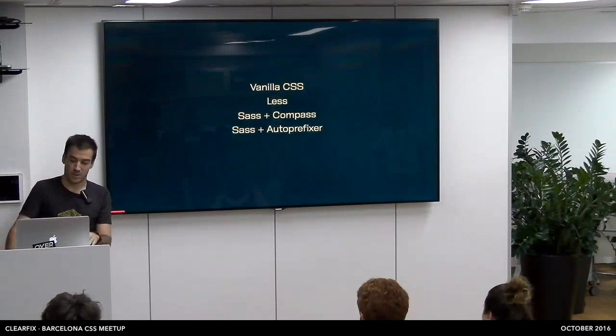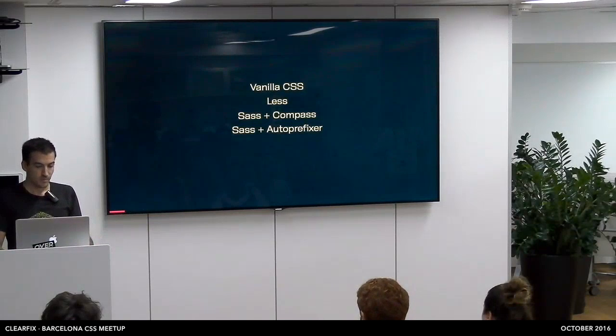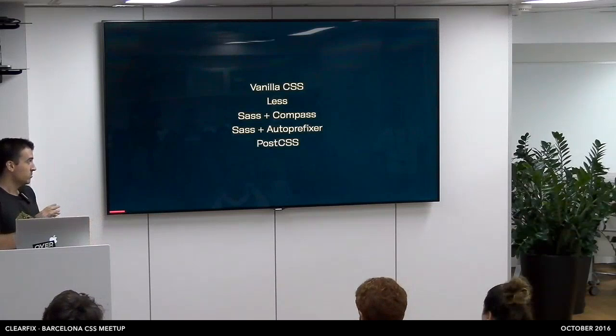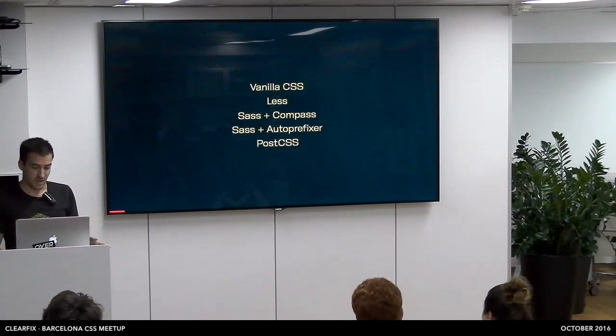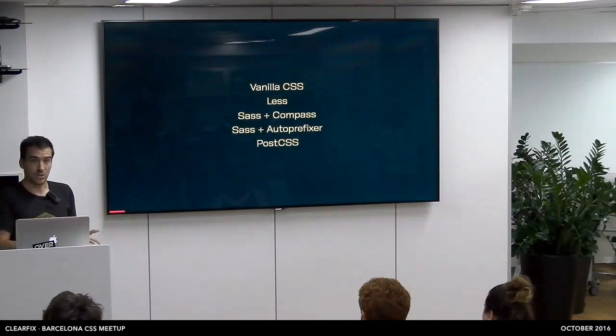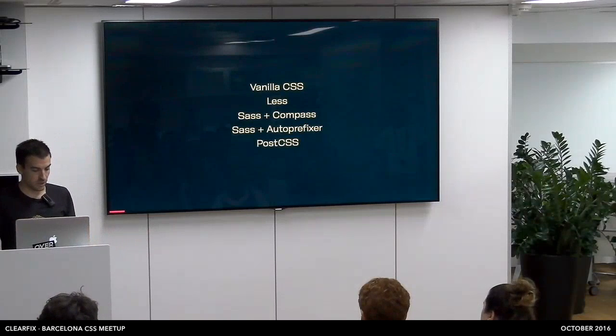But autoprefixer did the job because actually Compass was just being used to autoprefix anyway. Then I totally ditched Sass, mostly in my side projects again, and I started only using PostCSS plugins or packages of plugins.